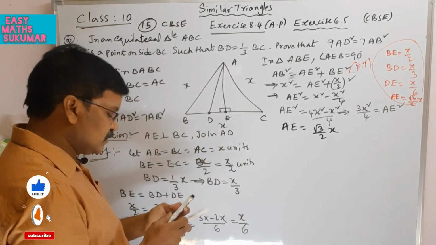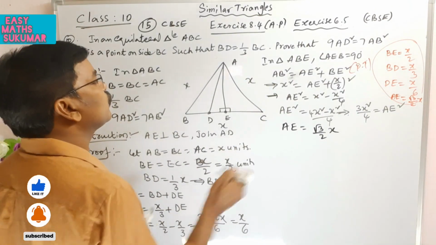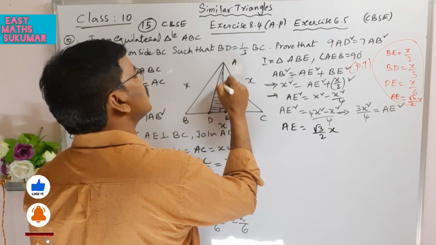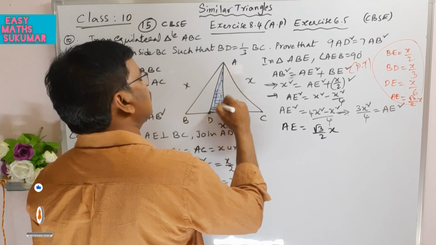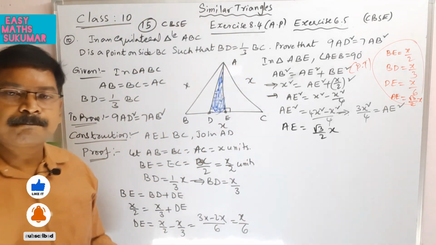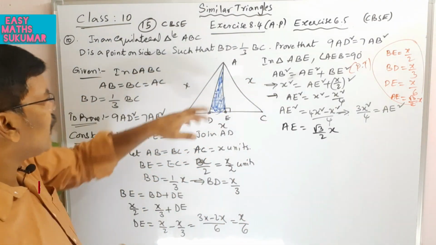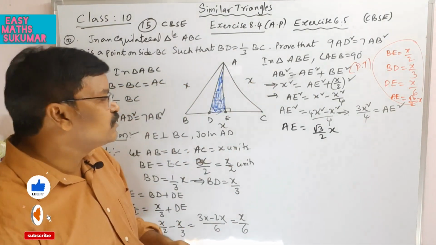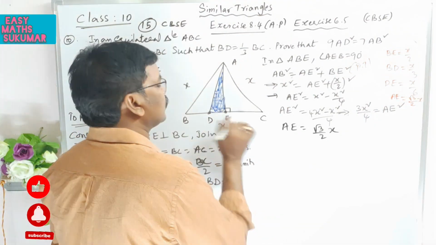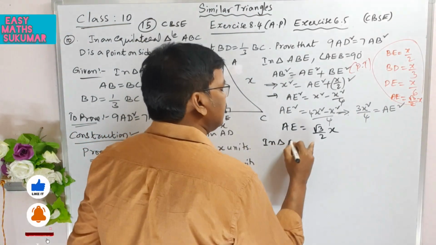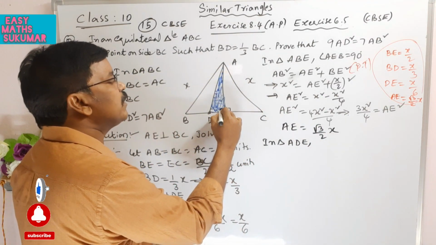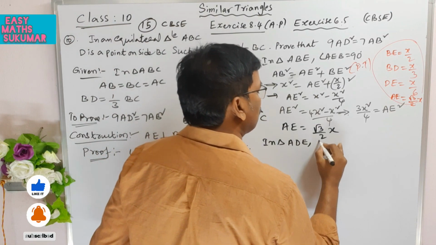Now my dear students, just observe the triangle ADE. Here what we have to prove is 9 AD square. So let us take the triangle ADE now. In triangle ADE, this is a right angle, angle E is equal to 90 degrees.